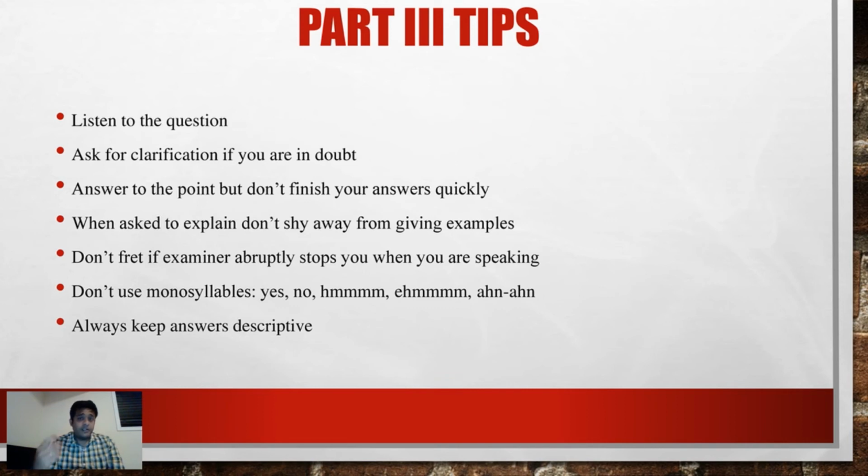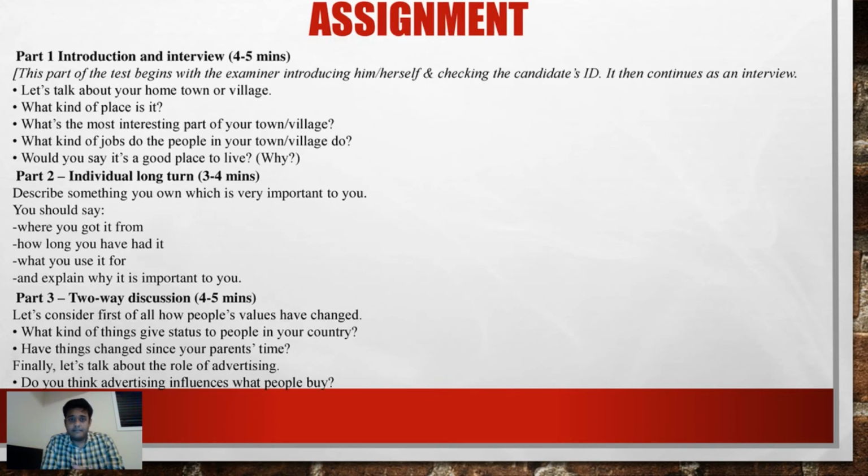What I have for you next is an assignment. To get a better understanding of how to go about the speaking test, practice is necessary. You could ask one of your friends, relatives or family members to question you, and you practice your speaking skills by narrating the answers they're seeking.